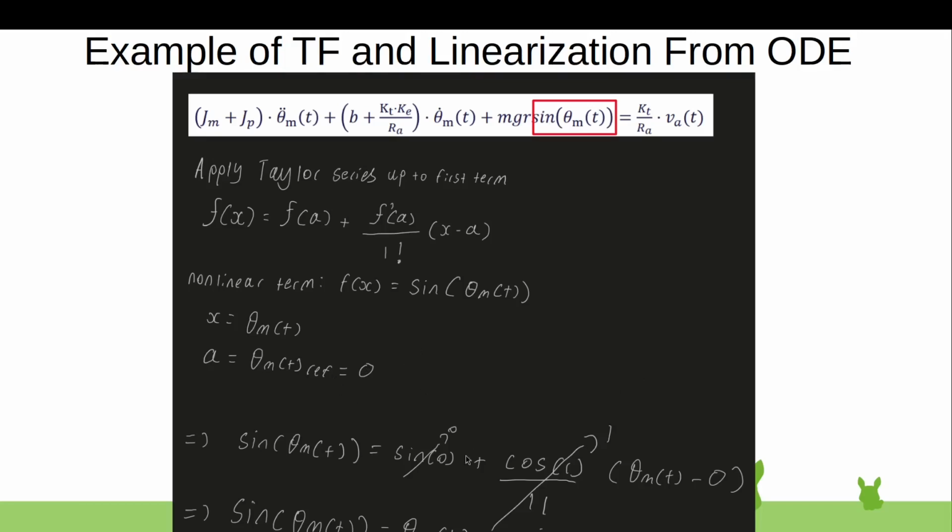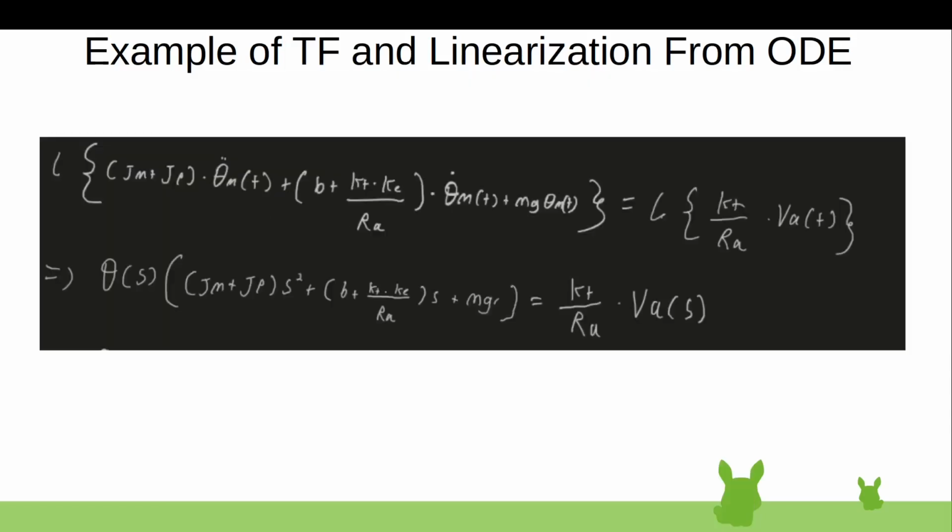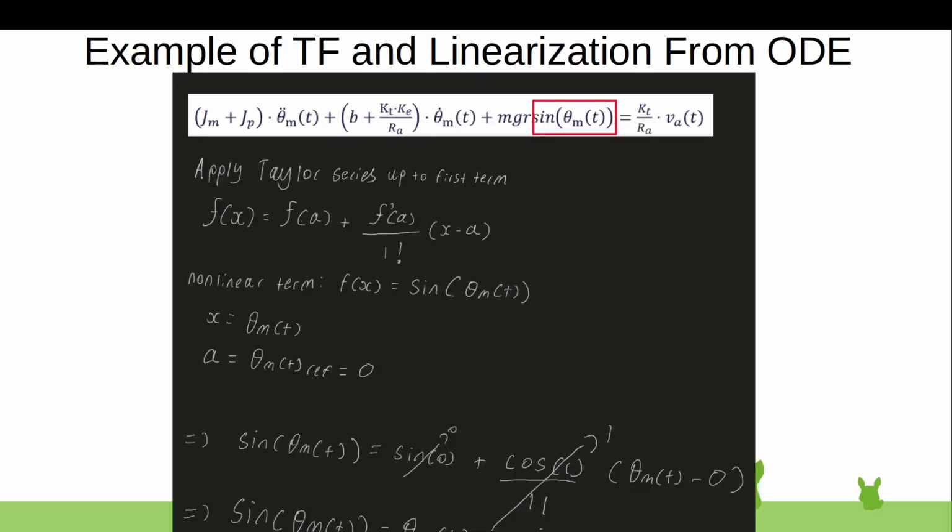So we replace our terms, and essentially the sine theta(t) just becomes theta(t). What happened is that this nonlinear term sine theta(t) just became theta(t). So it's not mgr sine theta(t), it's now just mgr theta.